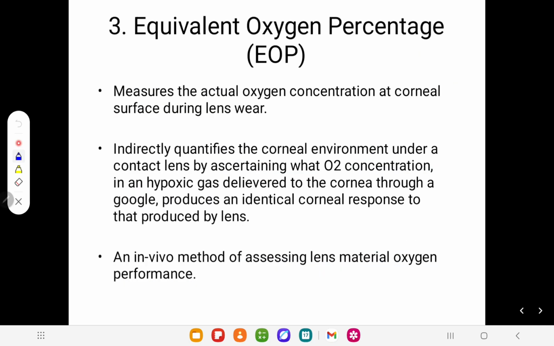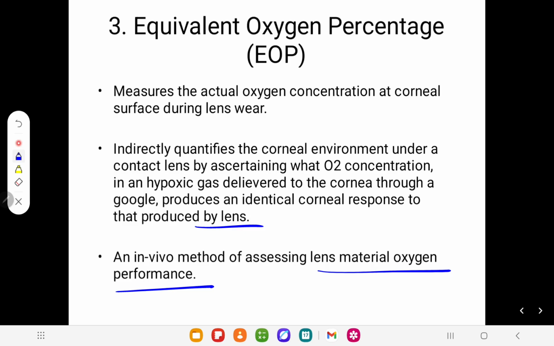Okay. So equivalent oxygen percentage. What do you mean by that? Equivalent oxygen percentage measures the actual oxygen concentration at the corneal surface during lens wear. It indirectly quantifies the corneal environment under the contact lens by asserting what O2 concentration in a hypoxic gas delivered to the cornea through goggles produces an identical corneal response to that produced by the lens. It is an in vivo method for assessing lens material oxygen performance.